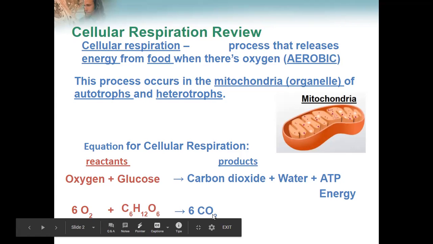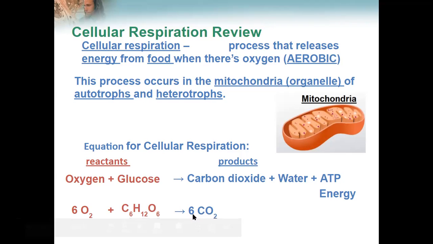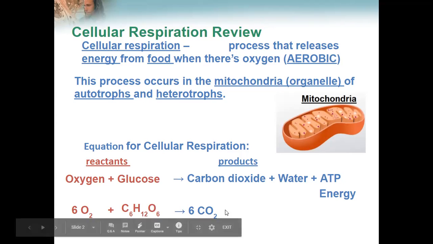There's 1 carbon and 2 oxygens put together to make carbon dioxide, and we're going to release 6 of those carbon dioxide molecules. Water is H2O, there's 2 hydrogens and 1 oxygen to make 1 water molecule, but we're going to make 6 water molecules. And we also release ATP energy.